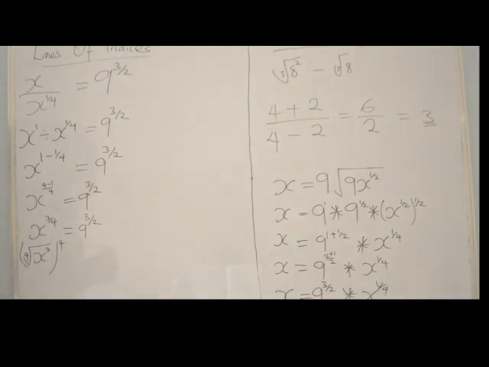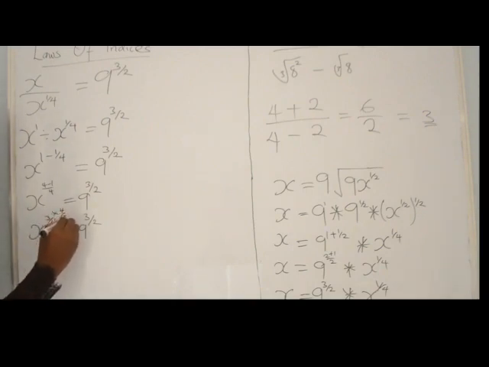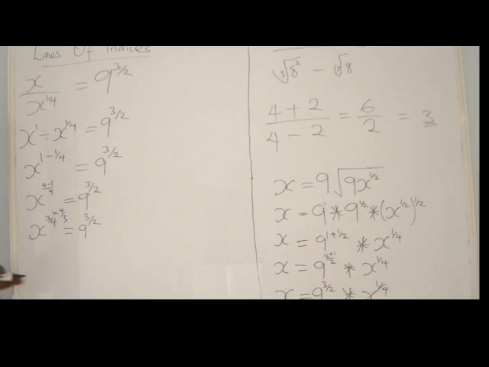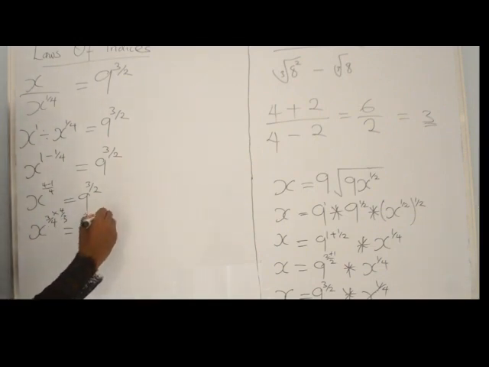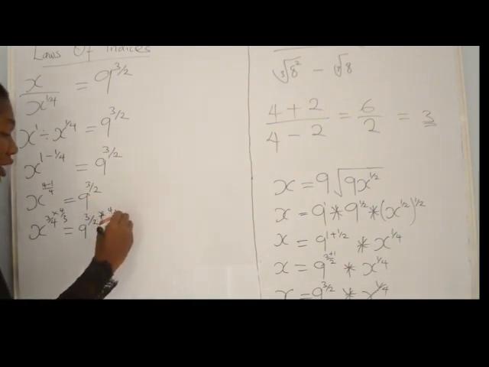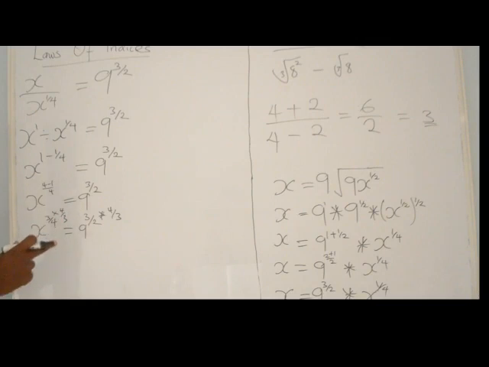So what we're going to simply do is multiply by the inverse, 4 over 3, so that this will become 1. If you see the power is 3 over 4, we are multiplying by 4 over 3 to cancel the power, right? So we multiply both sides by 4 over 3, so that we can get 1 at this point.